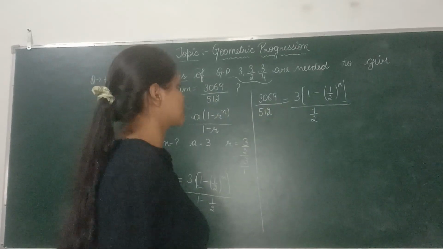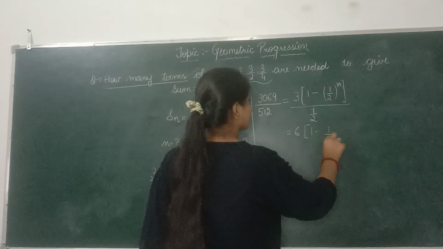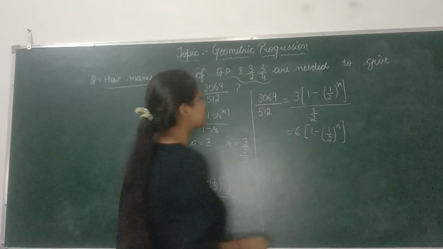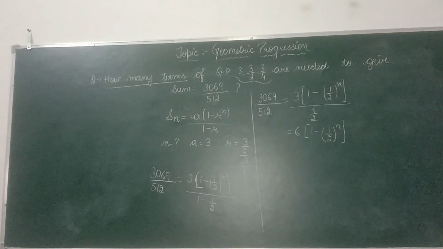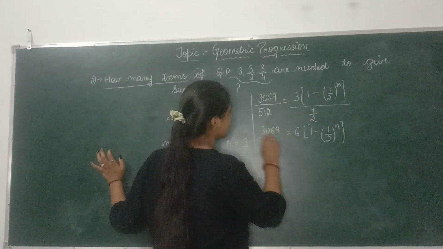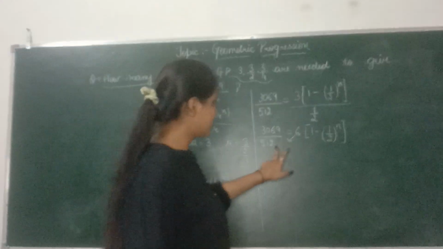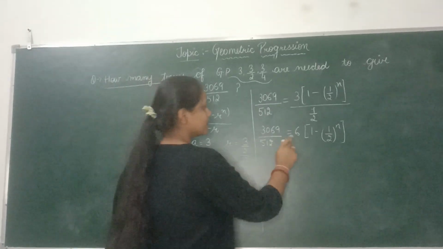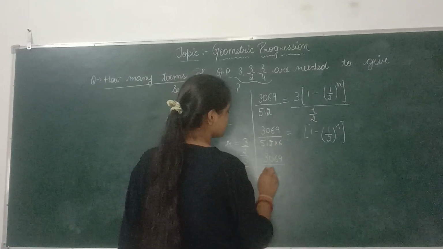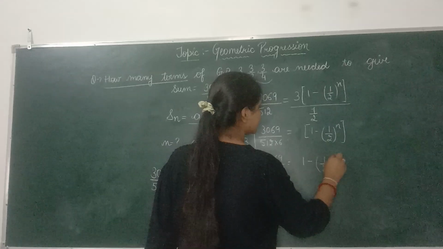By reciprocating the equation, this will be 6 times 1 minus 1 upon 2 to the power n. Dividing these equations, 3069 upon 512 divided by 6 gives 3069 upon 3072, which equals 1 minus 1 upon 2 to the power n.